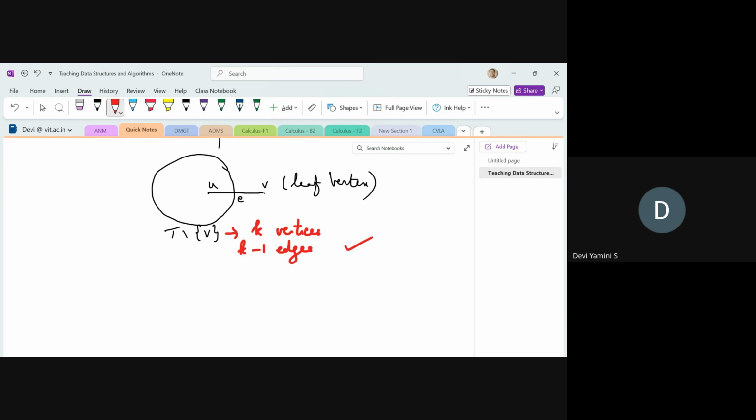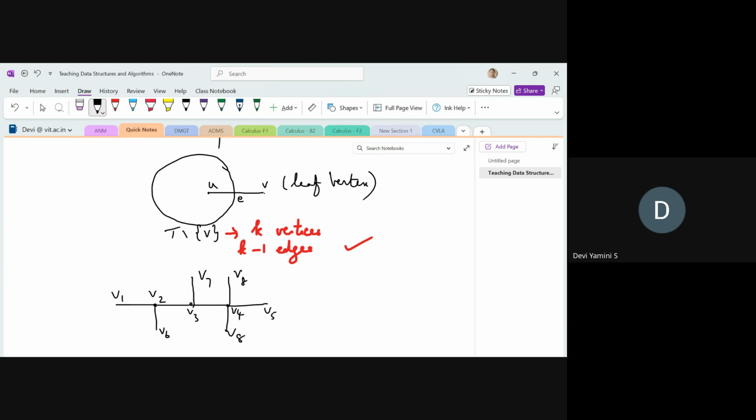See, maybe I can do it with an example. Take an arbitrary tree T. I have a tree over here. Let me call the vertices V1, V2, V3, V4, V5, V6, V7, V8, and V9.